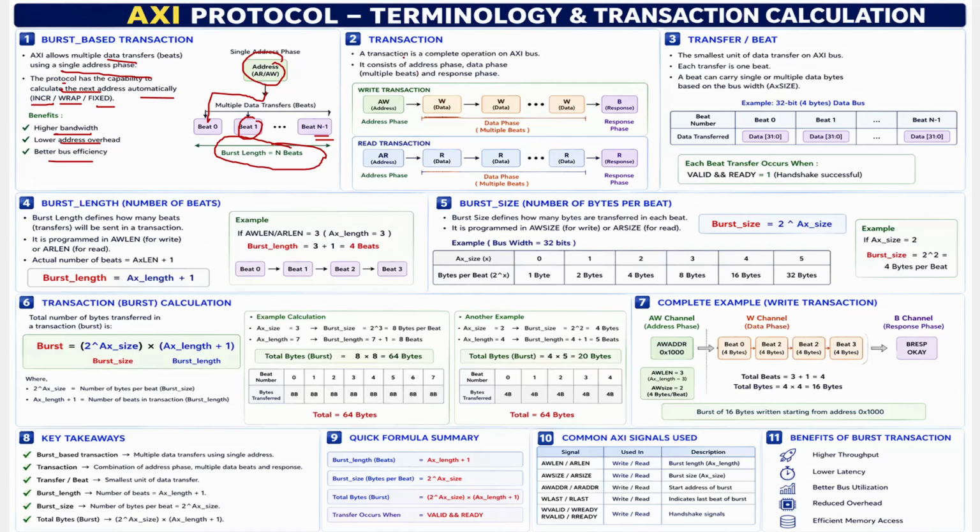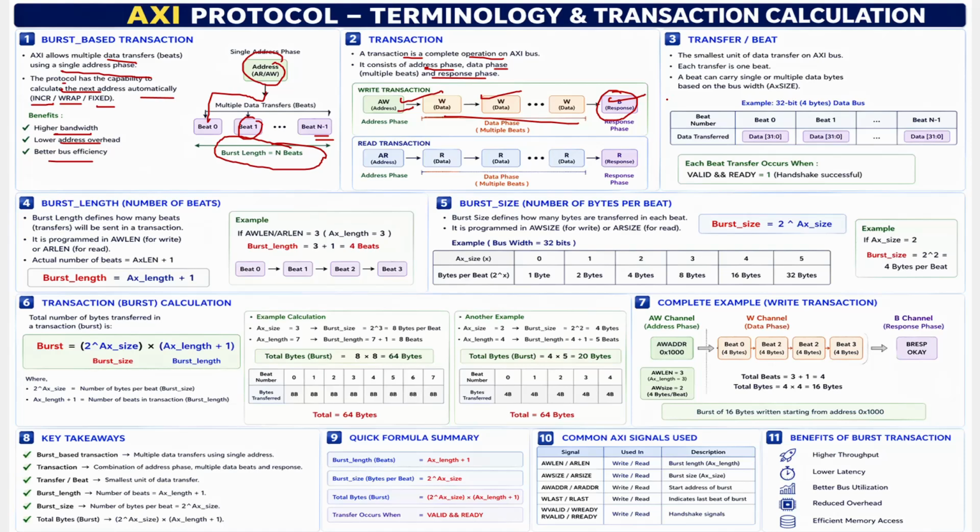Transaction is a complete operation of the AXI bus. It consists of the address phase, data phase, and response phase. That is the complete transaction. So we need to put the address, after that we need to send the data, and then we need to get the response. So in this, write address transfer is taking place, write data transfer is taking place, and write response transfer is taking place.